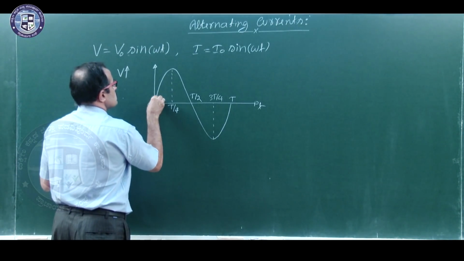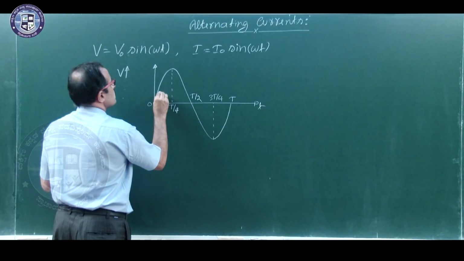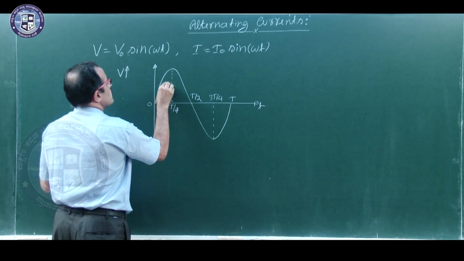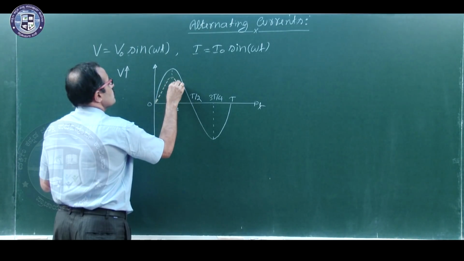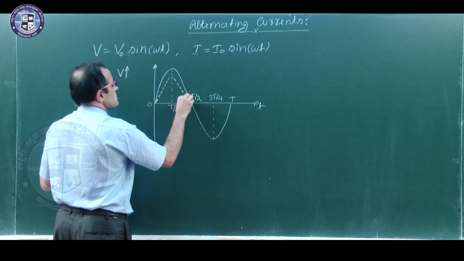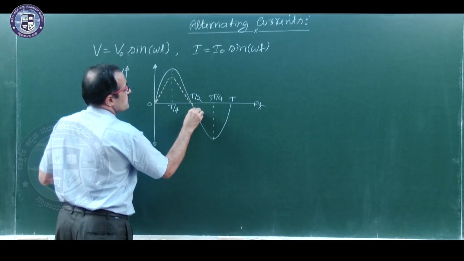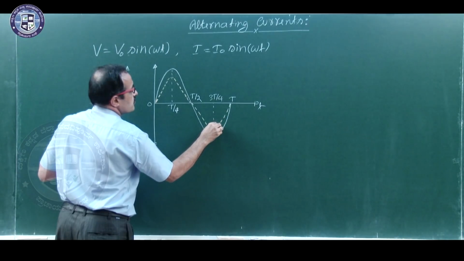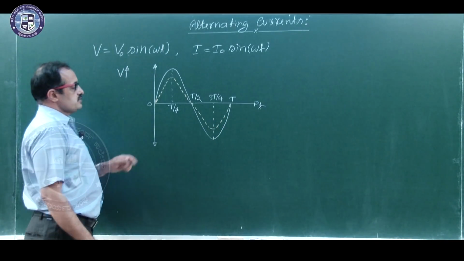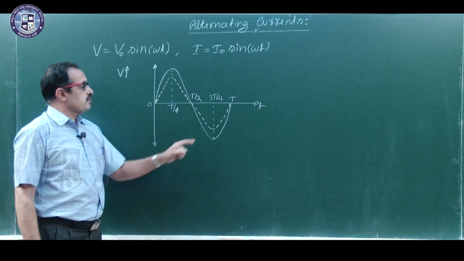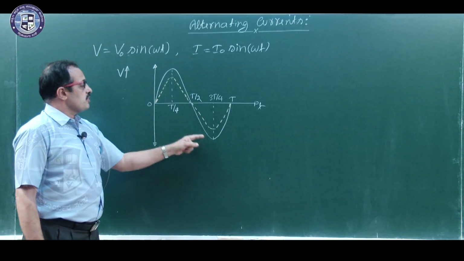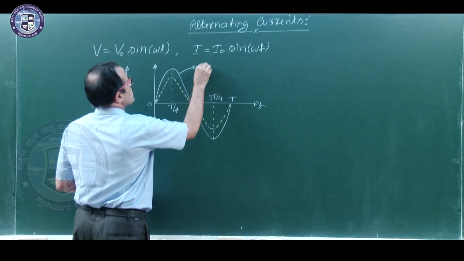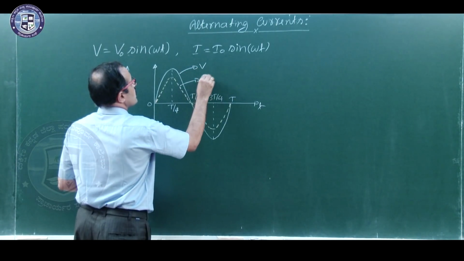It is not a continuous line, it must be a broken line like this. It is just to get an idea which one is voltage and which one is current. So, current is represented by a broken line and voltage is represented by a continuous line.